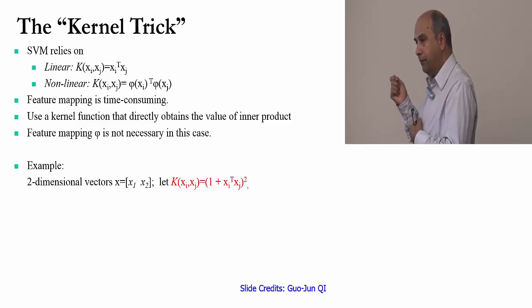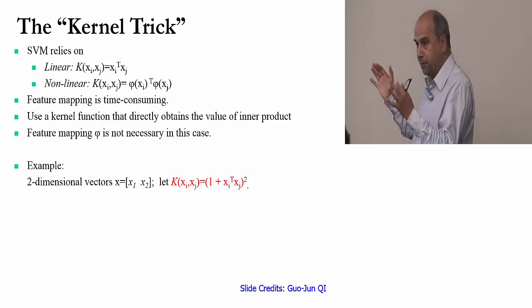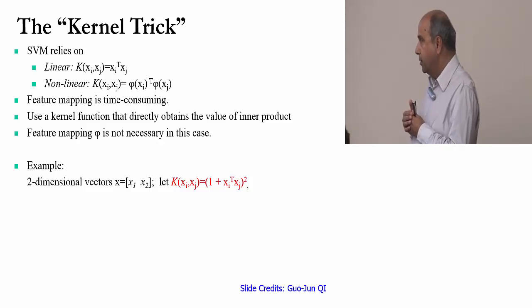So the kernel we are defining will be 1 plus xi transpose xj, all squared. So we find the dot product of xi, xj, and whatever we get, we add 1 to that, then we square. If we were not using the kernel, it would just be xi transpose xj. This is a simple dot product.